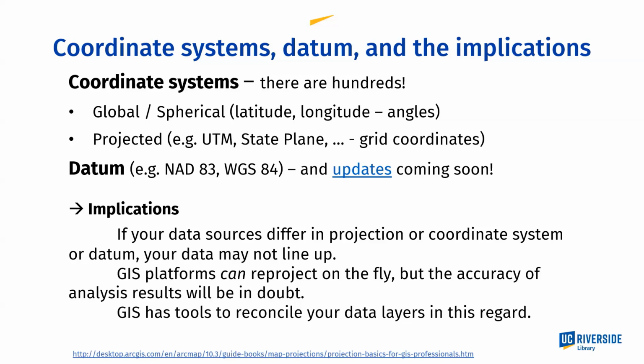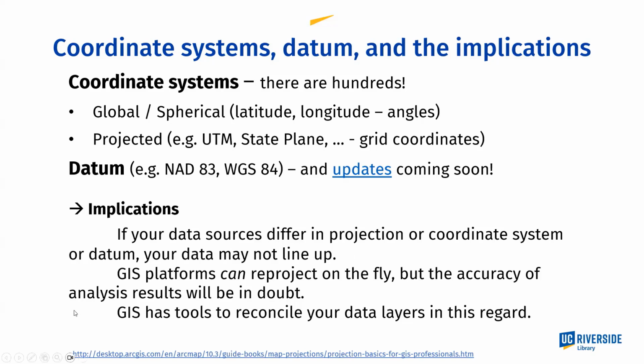So GIS has tools to reconcile your layers in this regard, and you can find out more about those tools. So when it does reproject on the fly, pretty much it takes the projection that the first layer that you loaded in is in, and then it makes all the other ones match that first one. That's the method that it uses, but you can get fancy with it and change the projection of all of them if you wanted, but just make them all consistent.